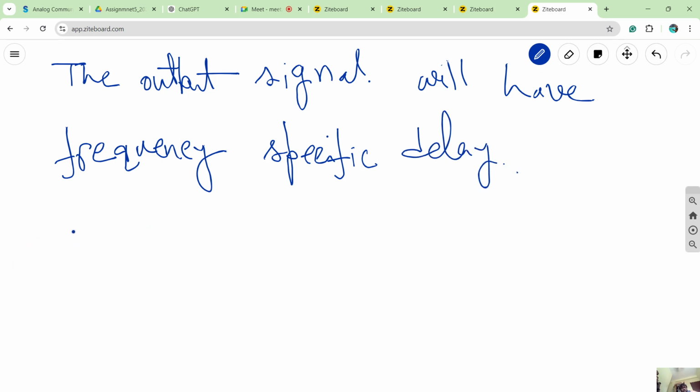The first one is centered at frequency 1/T, because the time period is T, and the delay for this is T/4.